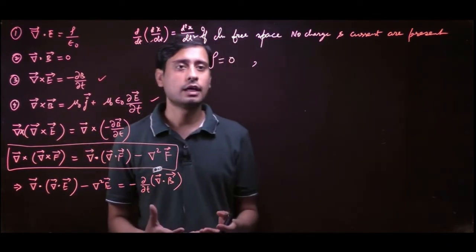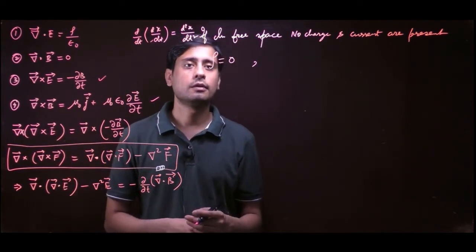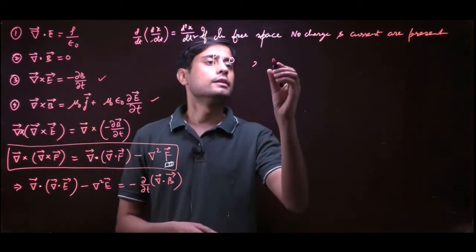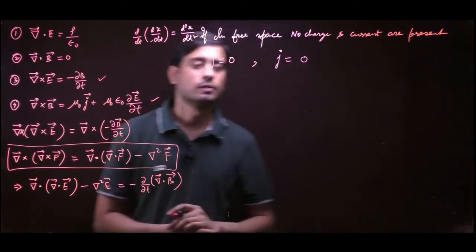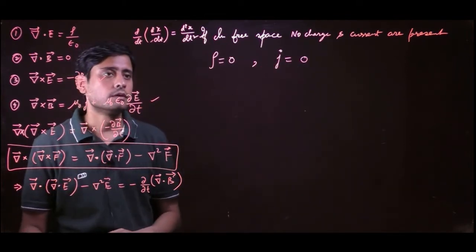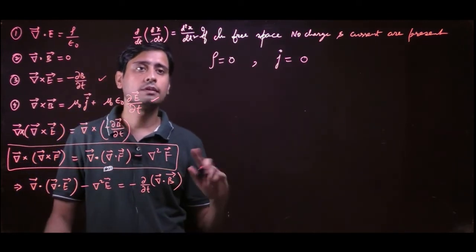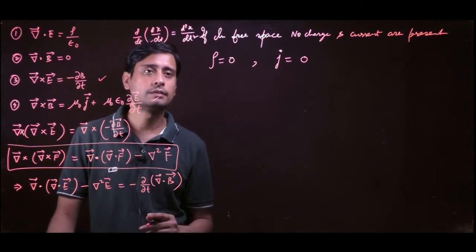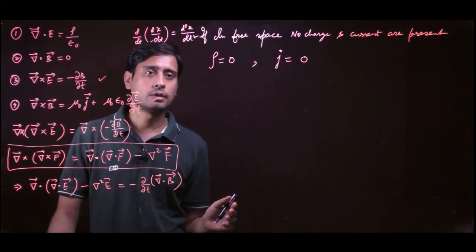And if there is no charge, then there is no possibility of any charge flowing, so the current density must also be 0. For example, light coming from the sun to earth: in between earth and sun we can assume that there is no medium present, so there is no charge and no current.